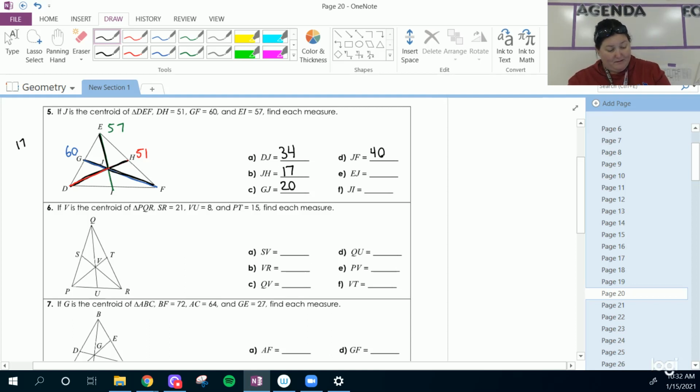EJ is the big piece here on the green line, so we take 57 and divide it by 3. 57 divided by 3 is 19. And 19 times 2 is going to be 38. And JI is the smaller piece there, that's just going to be 19.